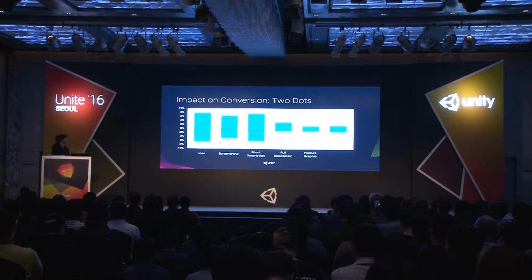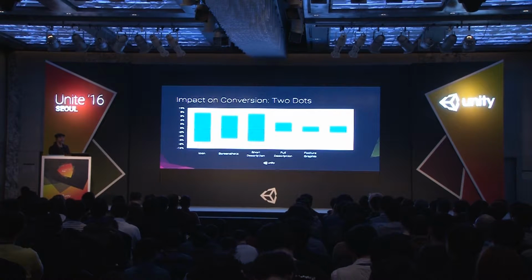Now, Two Dots took a really analytical approach to the experiments. You can see here that experimenting with the icon was very effective, followed closely by the short description. But across all of these elements, when you combine them together, they actually got a 30% lift in conversions, which is huge.